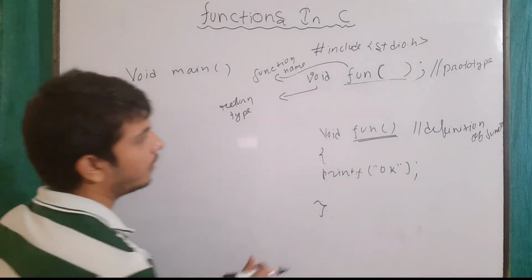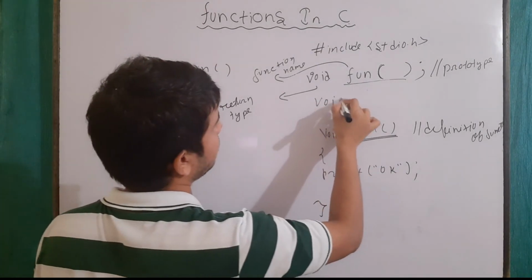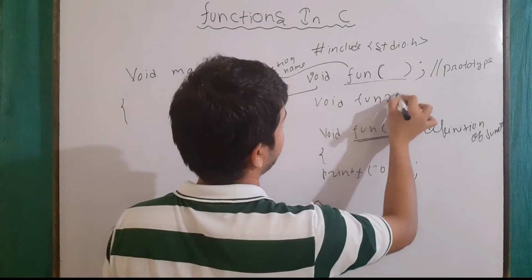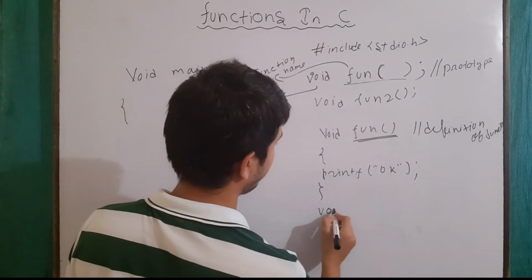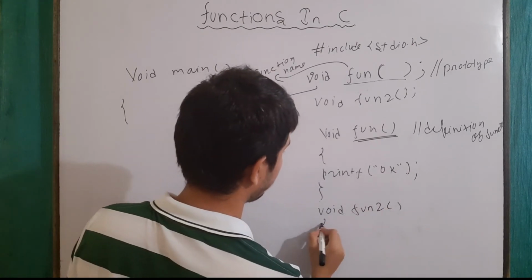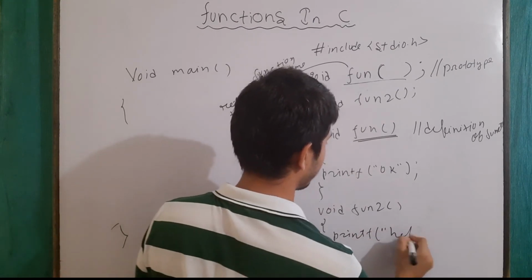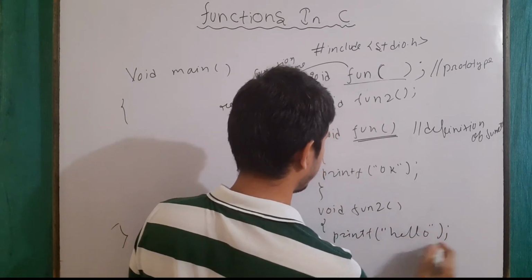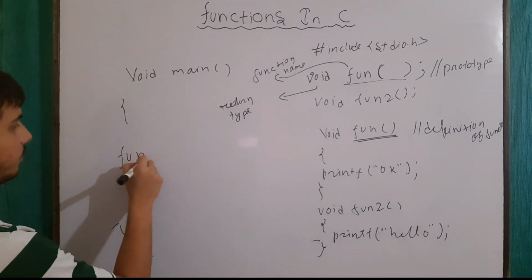Another thing is that a function can call another function also. Let's say there is another function, fun2, and in fun2 it is written void fun2, I'm writing its definition here, then it is written printf hello. Now I am calling here only the fun.